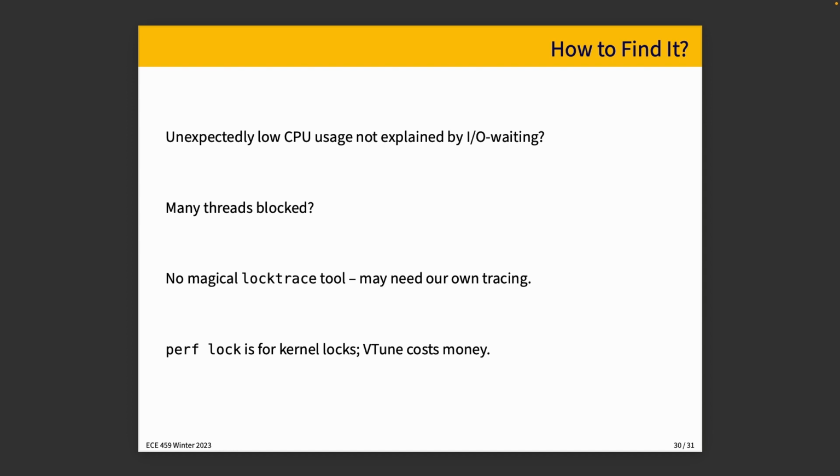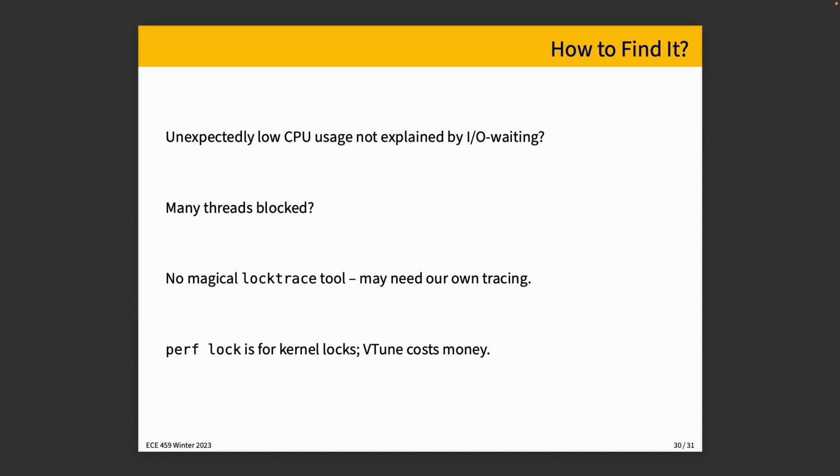But if we don't have an explanation like that, then there is the distinct possibility that it is caused by waiting for locks or being blocked by locks to begin with. In fact, if we have many threads that are in a blocked state of some sort, that also is maybe an important indicator that something is going on here and they might be blocked waiting for locks.